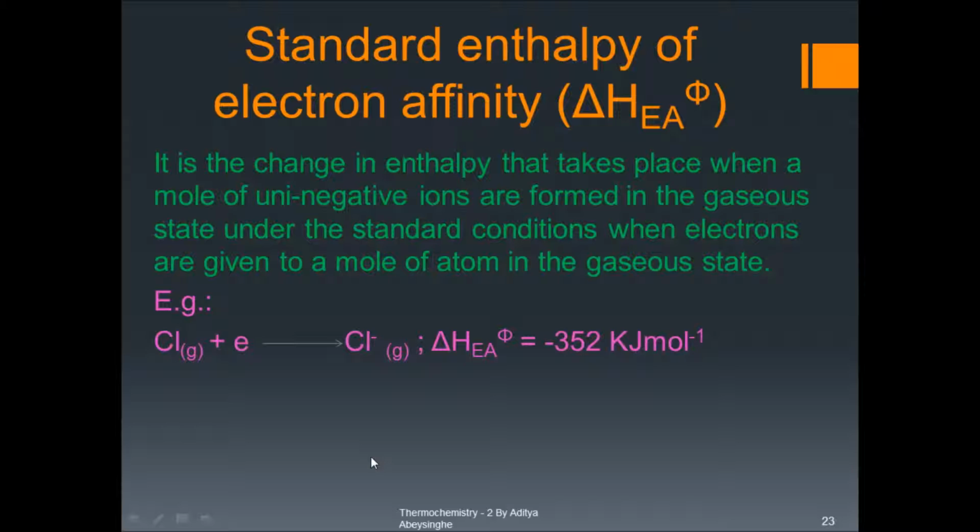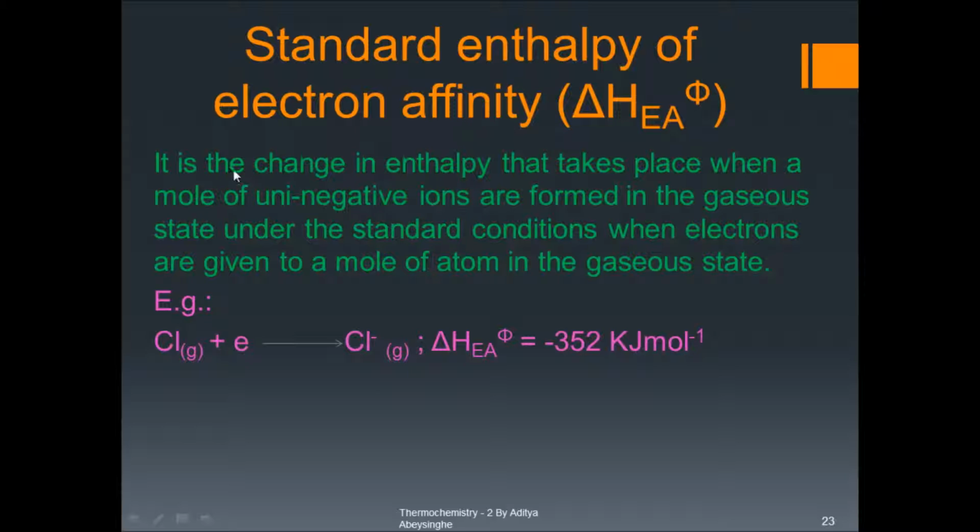So electron affinity is normally defined for non-metals or elements in groups 5, 6, 7 in the periodic table. For example, if you take chlorine as presented here, you do not remove an electron of chlorine, you provide an electron for chlorine, and that forms the chloride ion with the electron configuration of the argon gas.